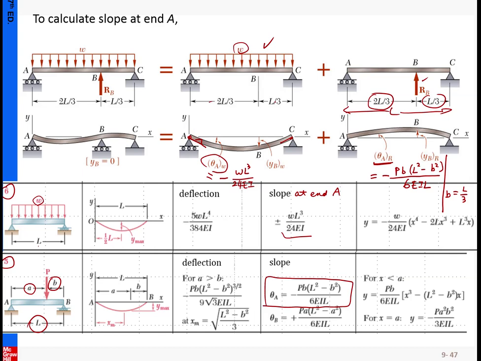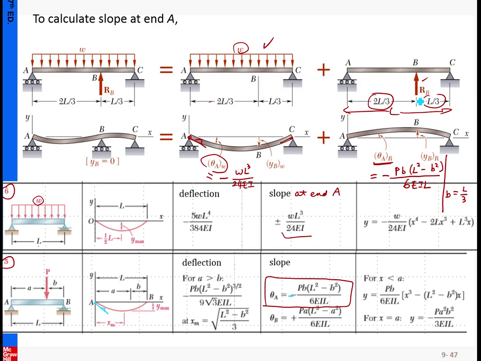Oh, one more thing I forgot. Let me erase the unnecessary information here. If you have identified it, for the pattern the P is downward, so that means it produces a negative slope at A. That negative is due to this shape, with P downward.